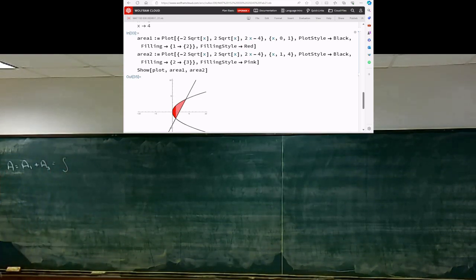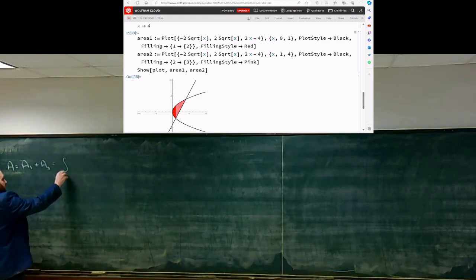What is the first area? Limits first, limits of integration.